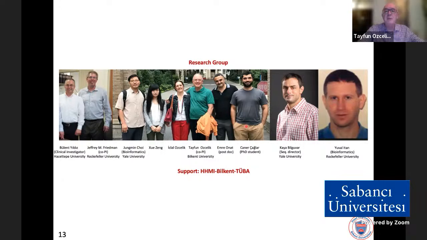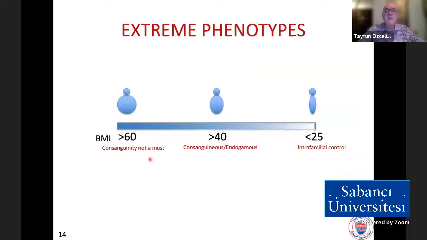Caner Çağlar, a PhD student from Bilkent University, who went to Rockefeller to study in Dr. Jeffrey Friedman's laboratory, and Junmin Choi, another postdoc at Rockefeller University, who is now a faculty member in Korea, and Shu Zheng, a PhD student who helped us in our analyses. And of course, my wife, İclal, who has been very instrumental in our connections with the families.